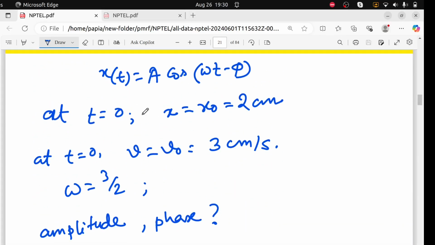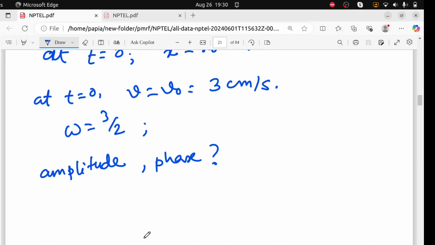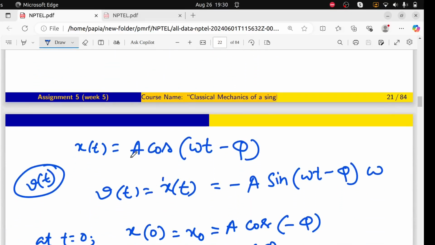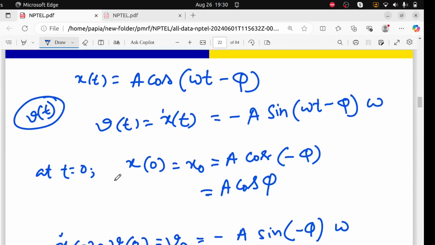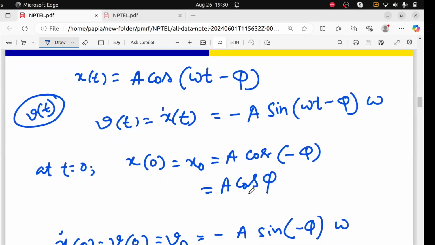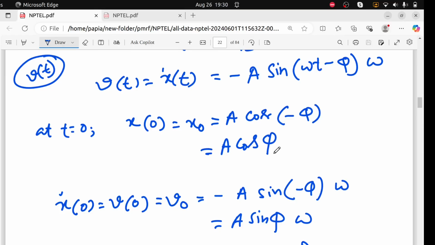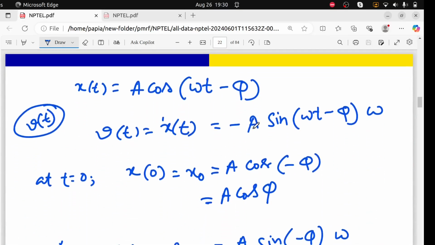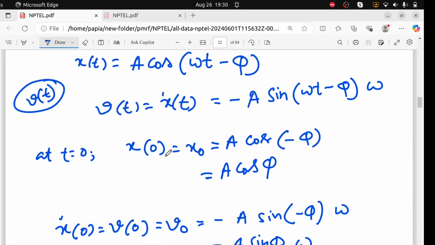Xt as this one, then initial conditions are given, omega is also given, so amplitude they need to know, and phase we need to know. So x t, x dot t, then at t equals to 0, x0 equals to a cos phi, and they have given the x0 equals to 2 centimeter, so we will just put the value of x0, which is x at t equals to 0 as 2 centimeter.